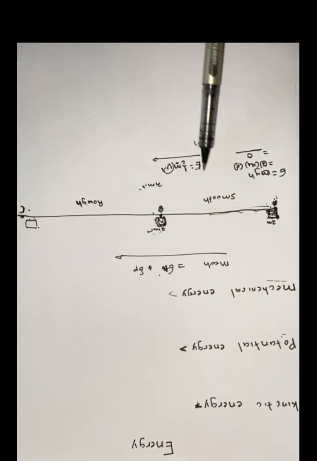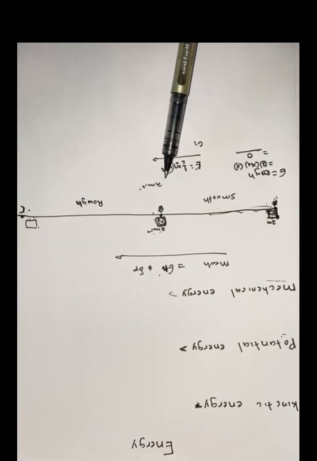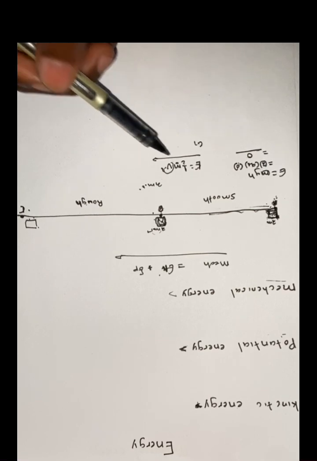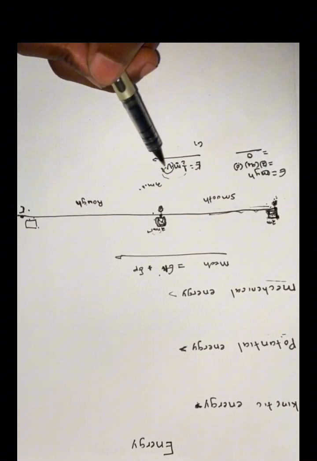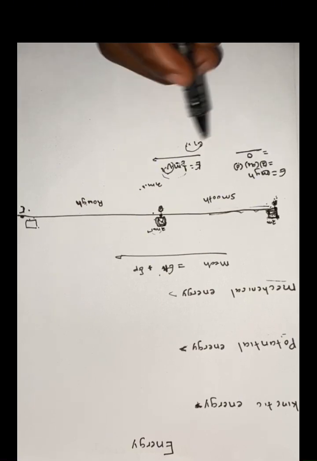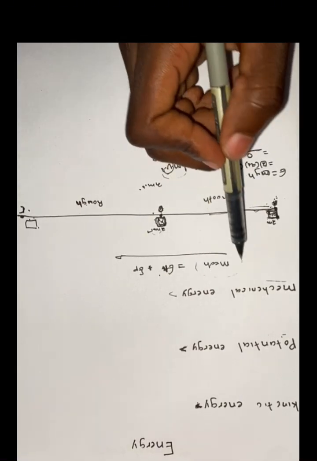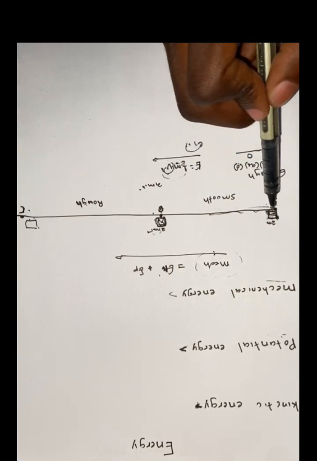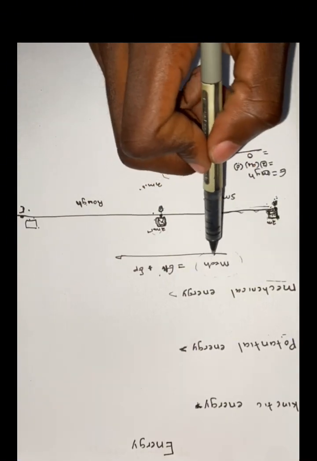The word conserved means they remained the same. I hope you understand that one. What does that lead us to? If both kinetic energy and potential energy are conserved, that means the mechanical energy is also conserved. That means from point A to point B, mechanical energy is conserved.